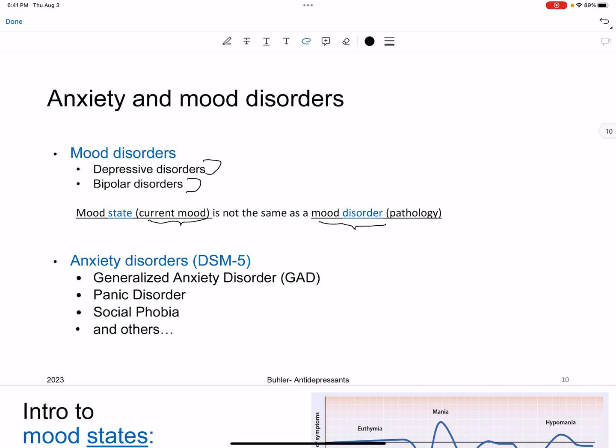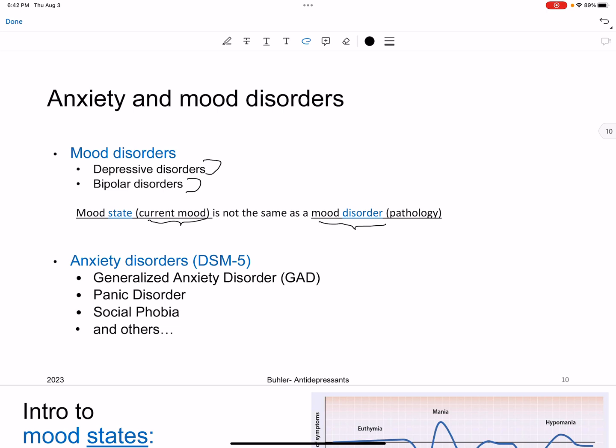You're also going to be hearing about anxiety disorders, and I have the DSM-5. The DSM-5, if you're not aware of it, is the Diagnostic and Statistical Manual number 5, and it is the psychiatric manual that all psychiatrists use to diagnose. You can look online, and it has for every psychiatric disorder the exact checklist of the symptoms you would have to have.